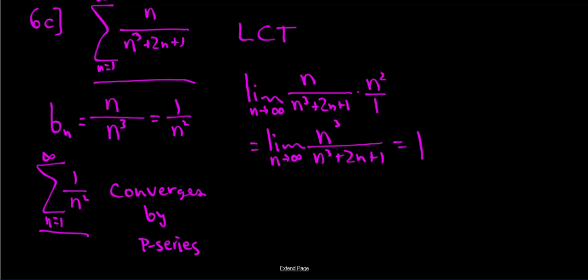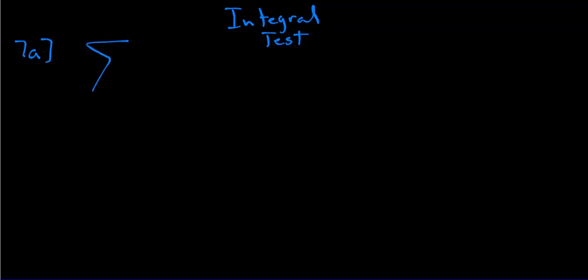Now, we also have the integral test, okay? It's another test we encountered. So let's look at this one. Let's look at the sum, n goes from 1 to infinity, 1 over n squared.